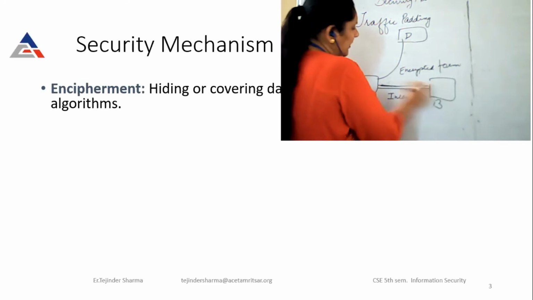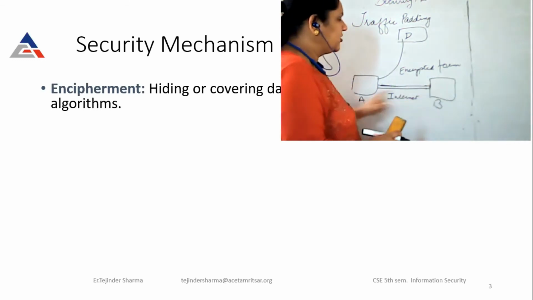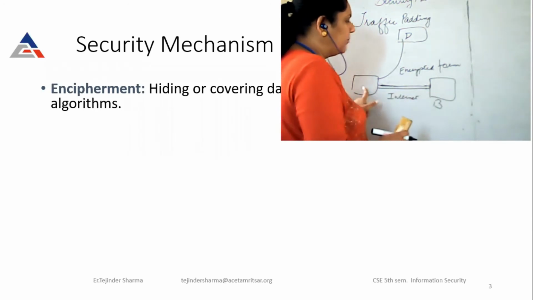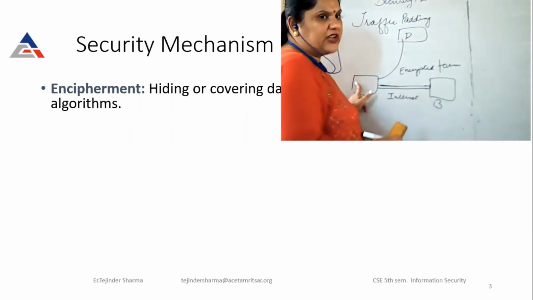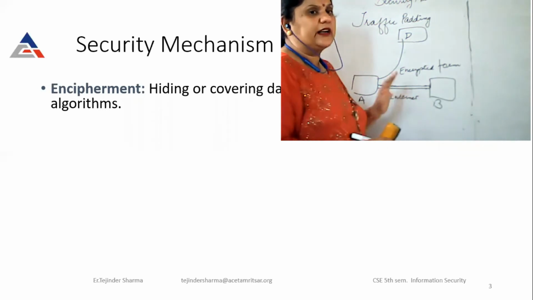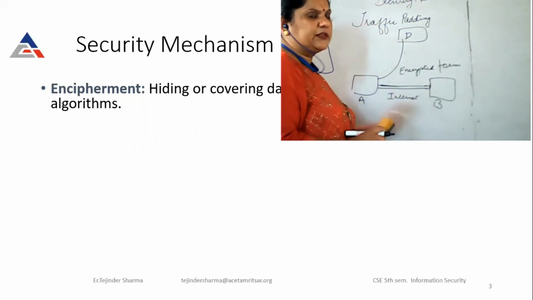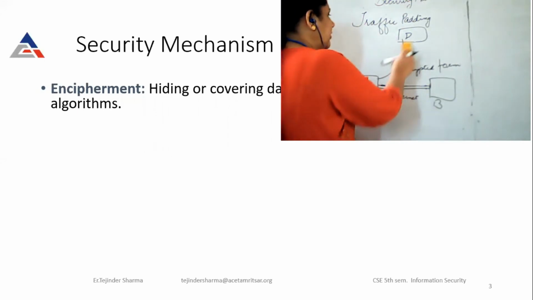That means the channel is being established. The connection is being established between A and B, but no data transmission is taking place between A and B. Now what happens?